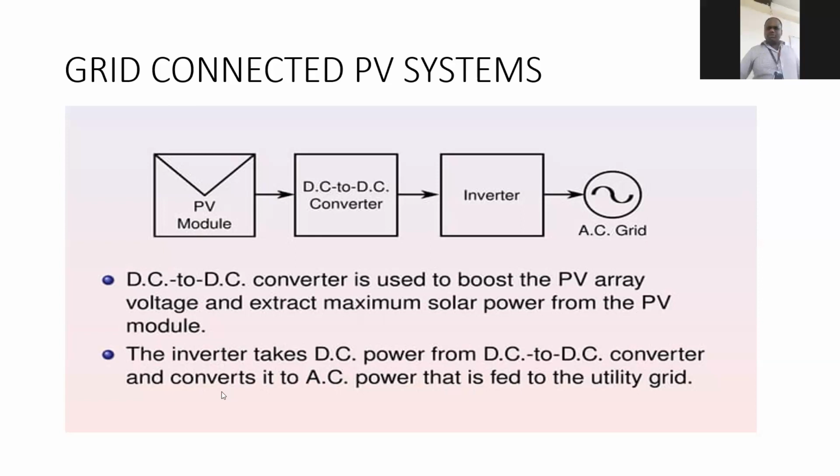That will be connected in the PV systems, and this is taken care of by the DC to DC converter along with the inverters. The inverter takes DC power from the DC to DC converter and converts it into AC power that is fed into the utility grid. This is also taken care of by grid connected PV systems.